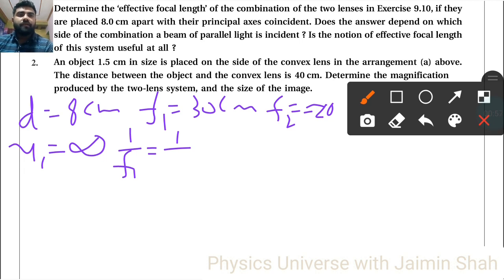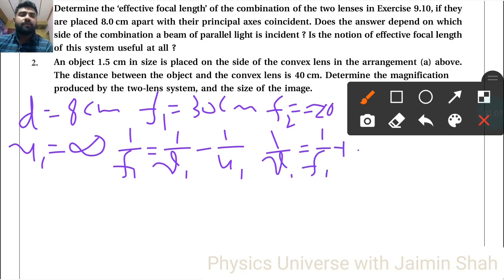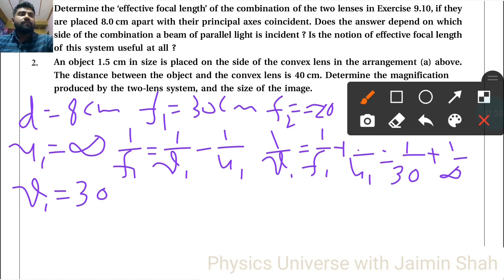So 1 upon v1 is equal to 1 upon f1 plus 1 upon u1, so that is 1 upon 30, plus 1 upon infinity, so v1 is equal to 30 centimeter.